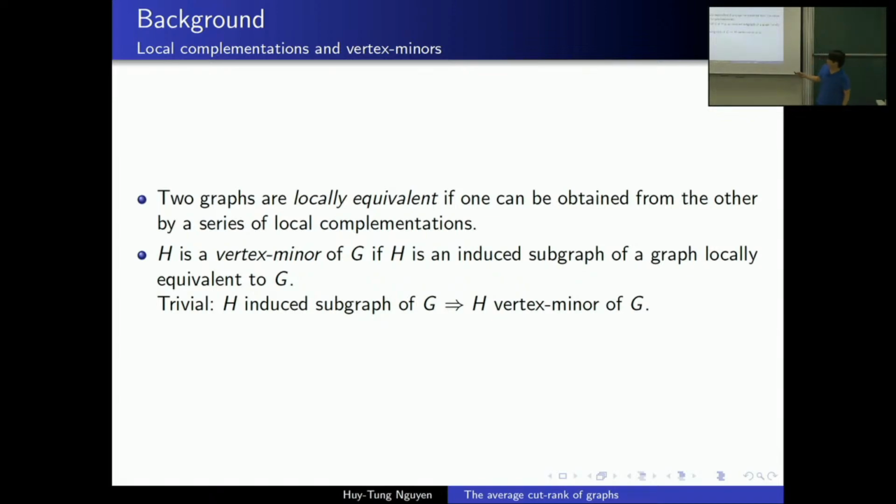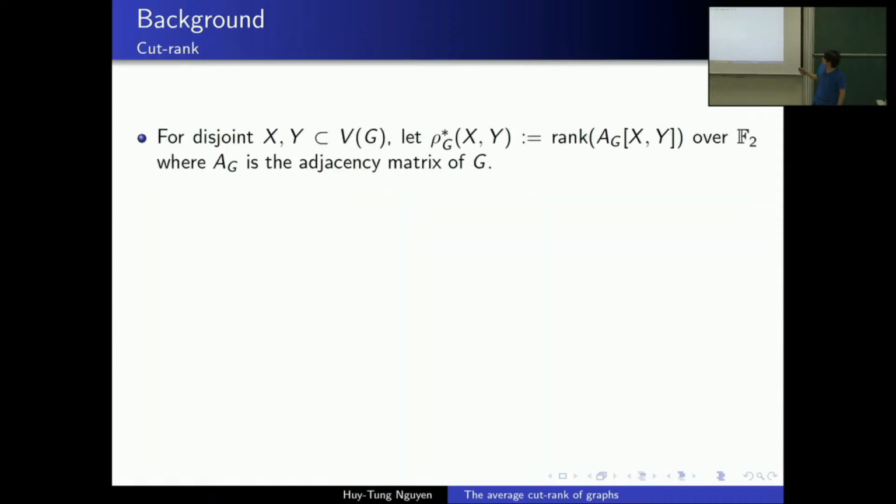It's also trivial that if H is an induced subgraph of G, then H is a vertex-minor of G, straight from the definition. I forgot to mention that in this talk we will consider graphs up to isomorphism, to avoid any confusion.